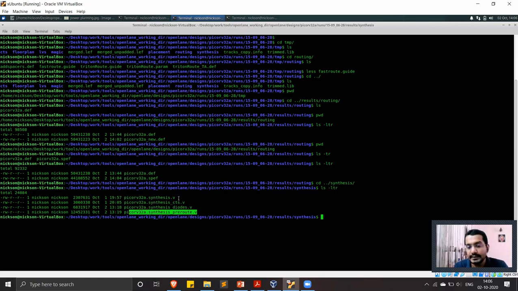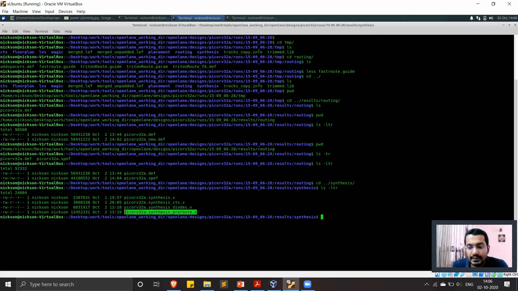In routing, the antenna diodes got inserted. So the final netlist which was used by the tool before routing was this. So in our post route STA analysis, we would be using this as the read Verilog netlist.